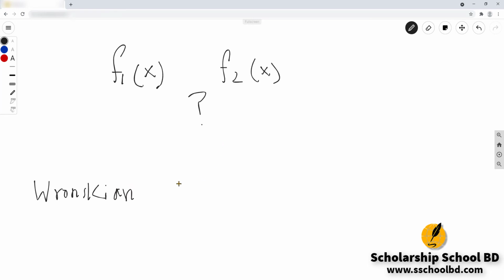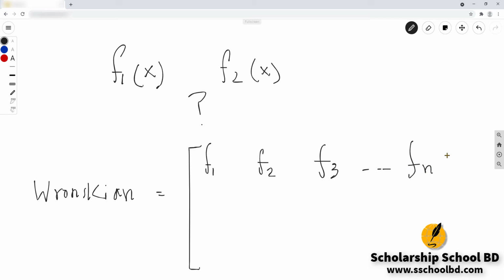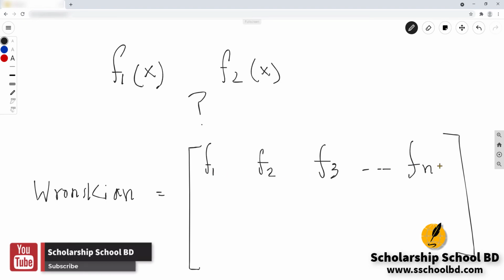So the Wronskian matrix can be constructed from the given functions in this way. The first row would correspond to all the given functions. So you're going to write down f1, let me just shorten it in this way, keeping the variables implicit, up to fn. So these are the n given functions someone gives to you, and tells you to find whether these n functions are linearly dependent or not. So what you do, you write down a matrix.